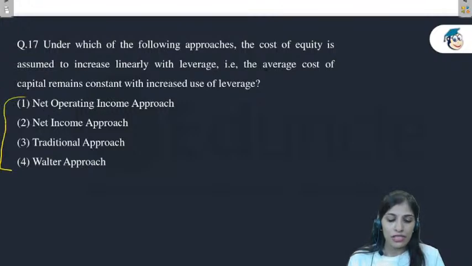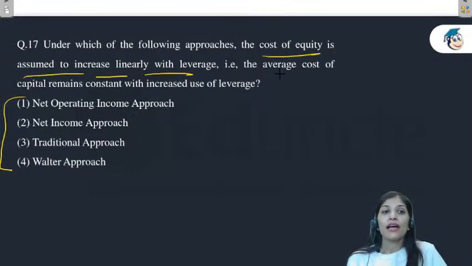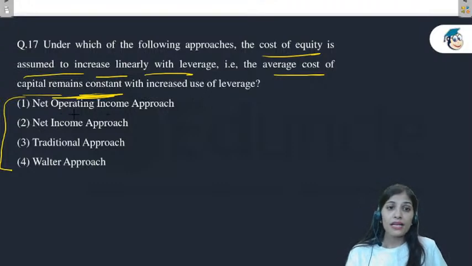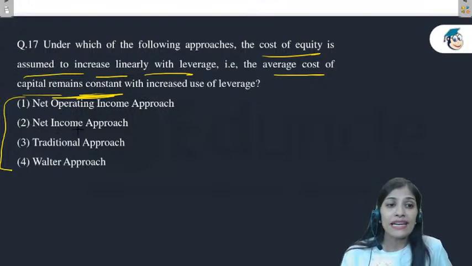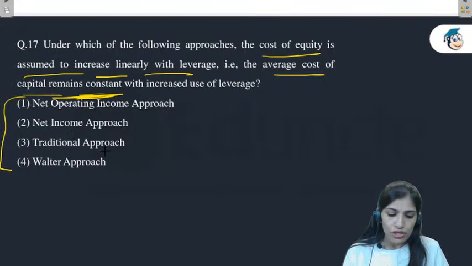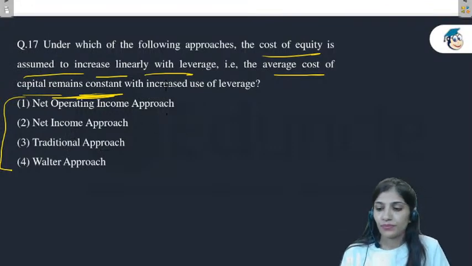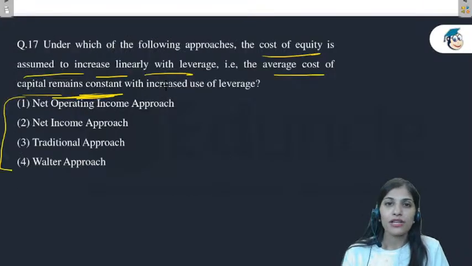We have to study all these approaches: net operating income approach, net income approach, traditional approach, and Walter approach. So it is, I'm taking another page for this.